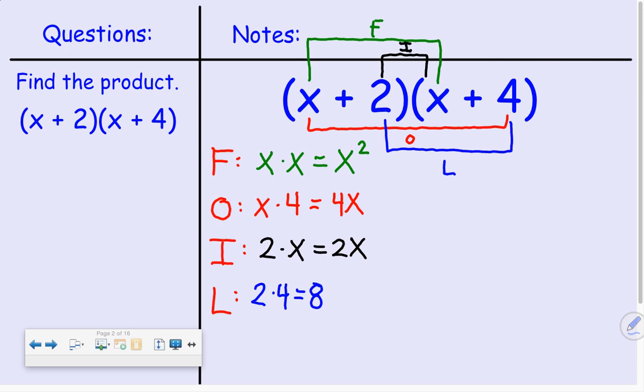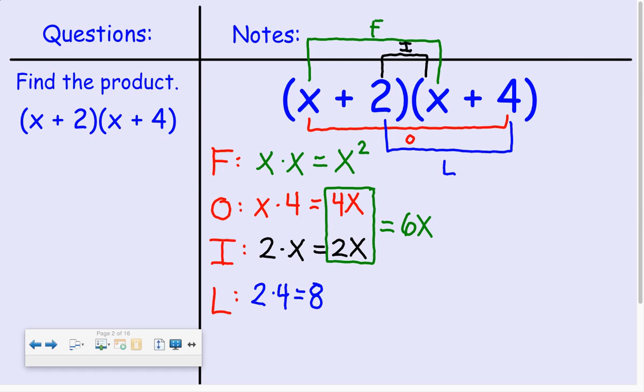Okay, so now we have our four terms: x squared, 4x, 2x, and 8. Now if we have any like terms, we need to combine them. If you look here, 4x and 2x are like terms. If we combine them, we get 6x. We're just adding the 4 and the 2.